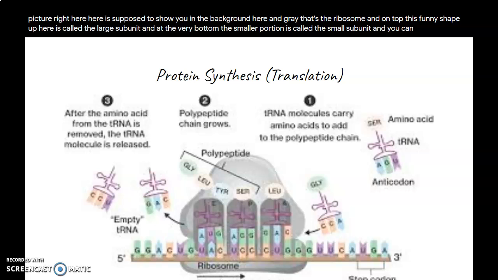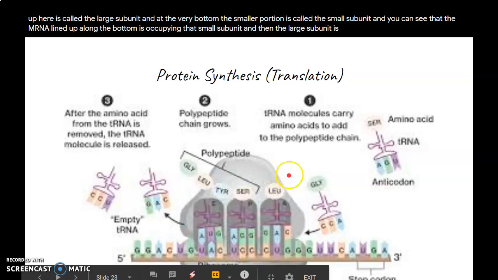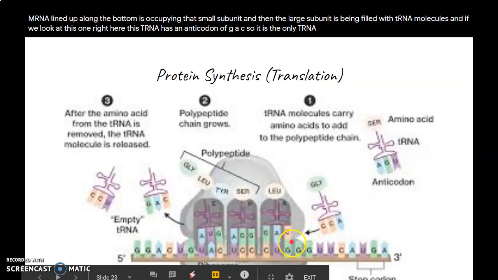And you can see that the mRNA lined up along the bottom is occupying that small subunit, and then the large subunit is being filled with tRNA molecules. And if we look at this one right here, this tRNA has an anticodon of GAC. So it is the only tRNA that can match up with this codon of CUG.